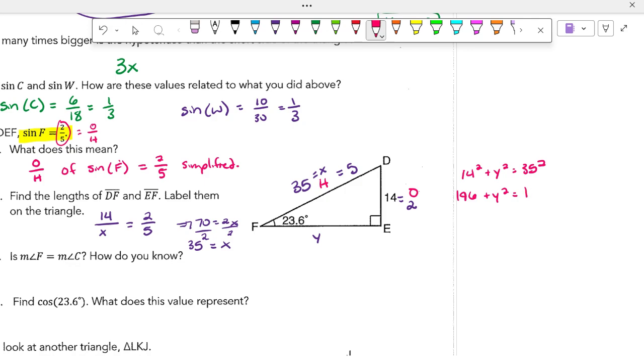1,225. Okay. Subtract 196 from both sides. What should I get? 1,029. All right. Then take the square root of both sides. See if it's a perfect square.